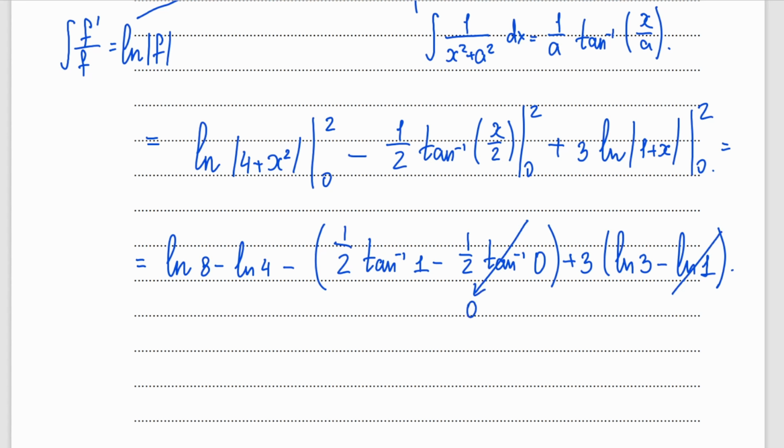Natural log of 1 is also 0. Now we can combine these two logs together. It's going to be a natural log of 8 divided by 4, which is 2. The inverse tangent of 1 is pi over 4, so that will be pi over 8. And then 3 natural log 3.